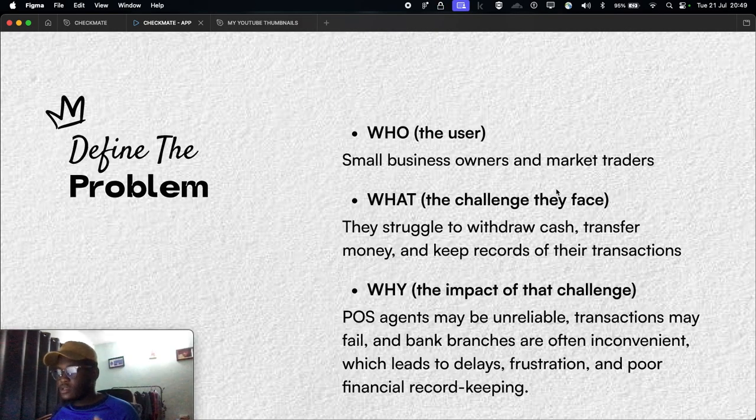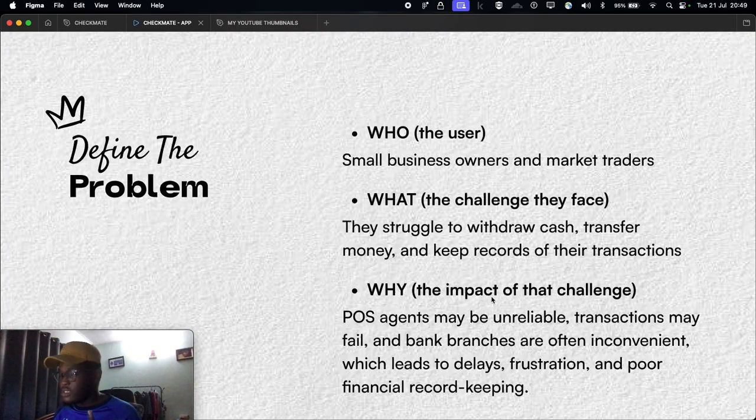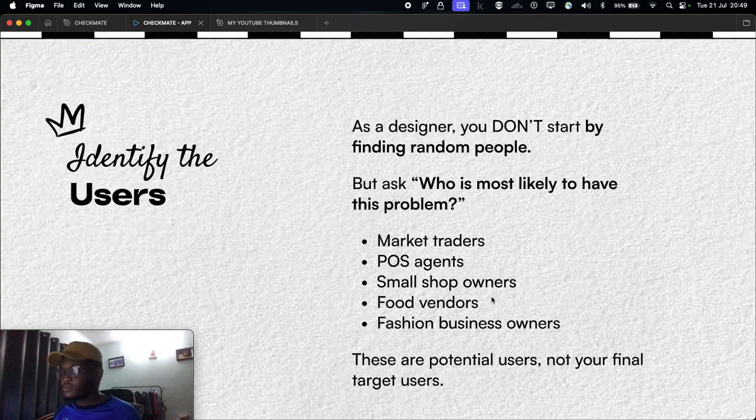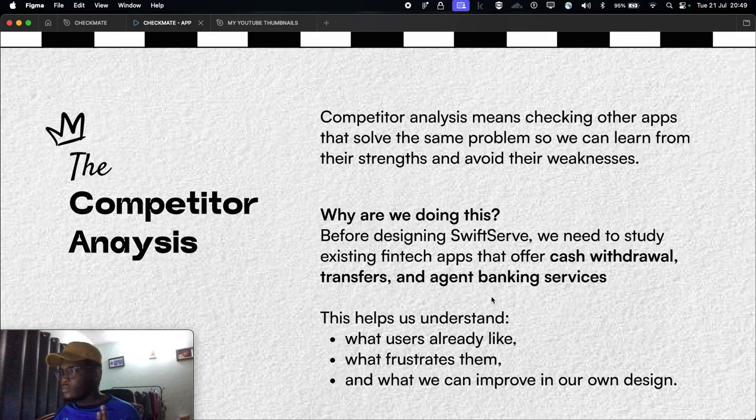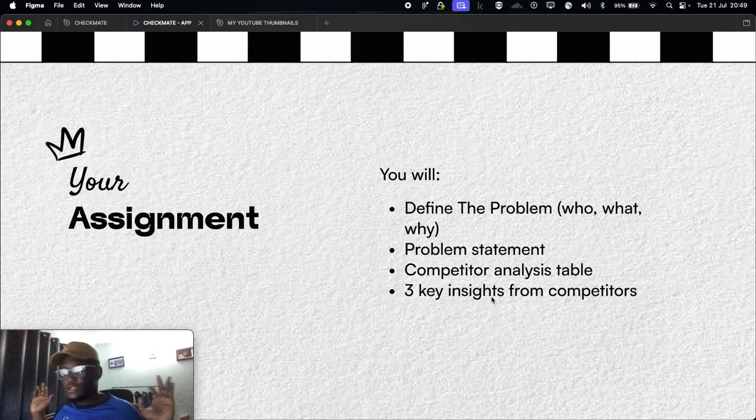Then you define the problem. Who is the user? What is their challenge? And the impact of that challenge. Why? So you write that down as well. And with that, all I want you to do is simple. Just the problem statement, defining the problem, and your competitor analysis. That's simple. That's all I want you to do.